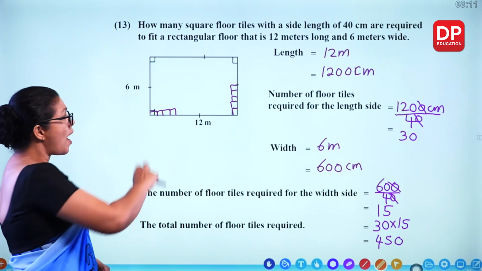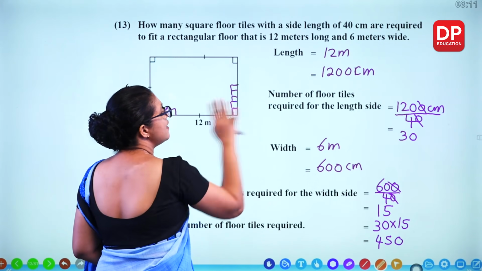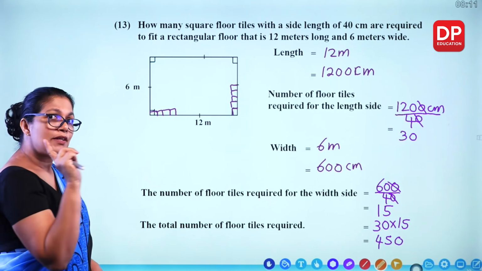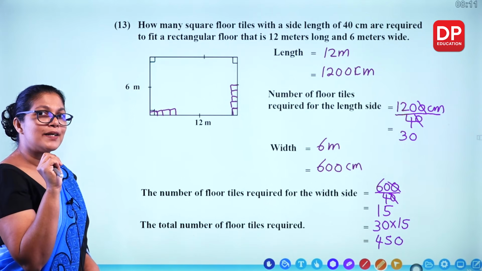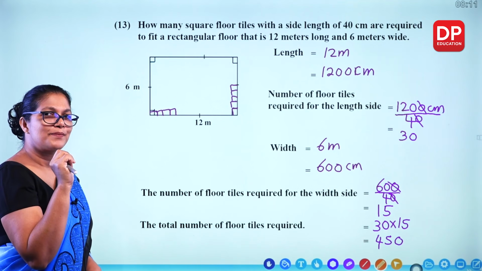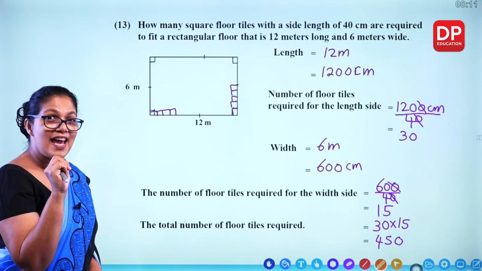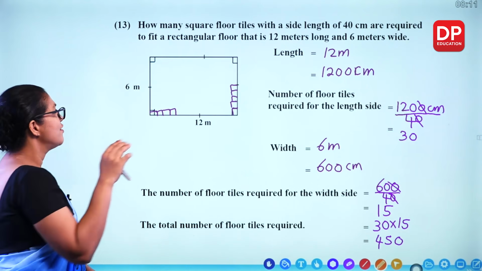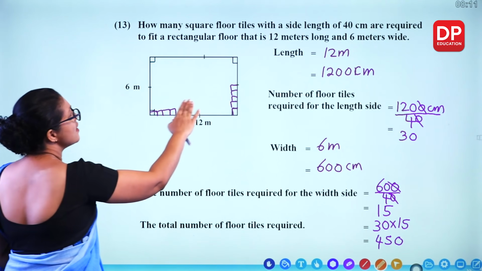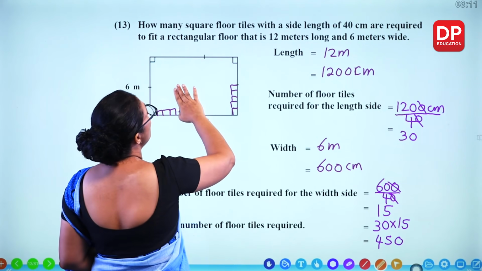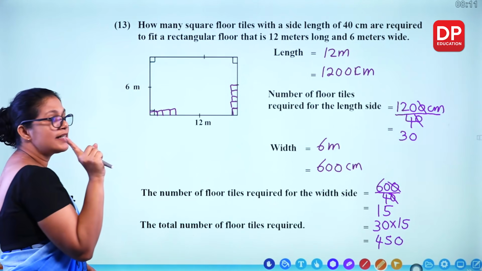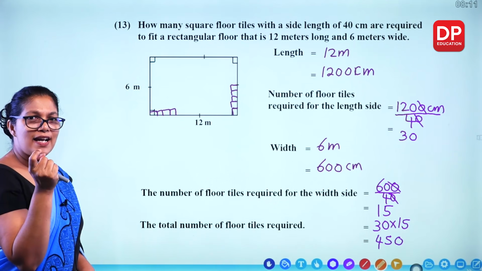Now this is one method of finding number of tiles. But you can use another method. What's the second method? By finding the area of a tile. So you can find the area of the floor and area of one tile and divide.